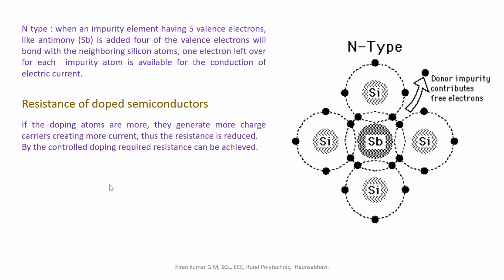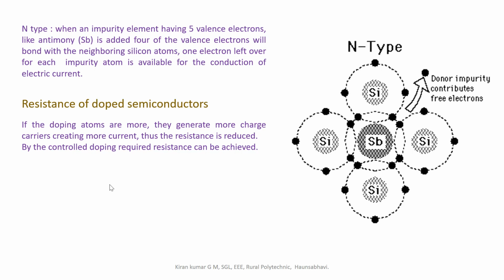Then, coming to the resistance of these semiconductors. If the doping atoms are more in number, they generate more charge carriers. Charge carriers, in the sense, in the case of p-type semiconductors, holes are the charge carriers, as electrons can move through these holes.